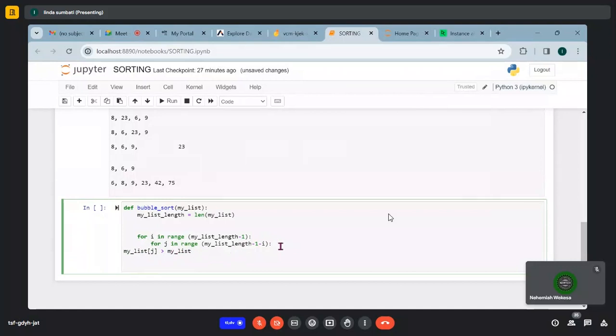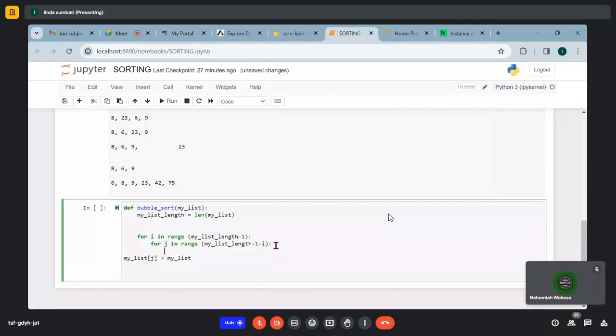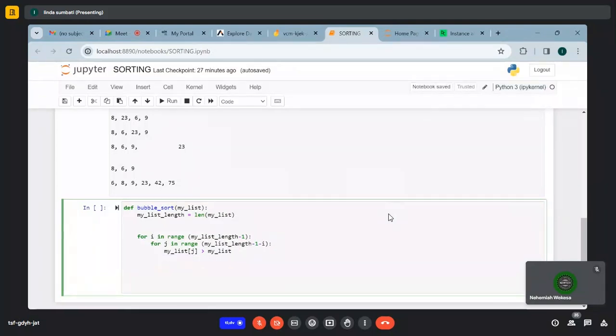So I need to, okay, I can just do this. Yeah, that looks good. My list j is greater than my list, and the list before that.